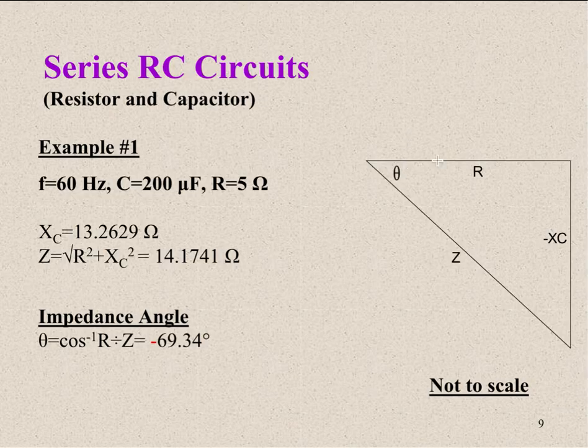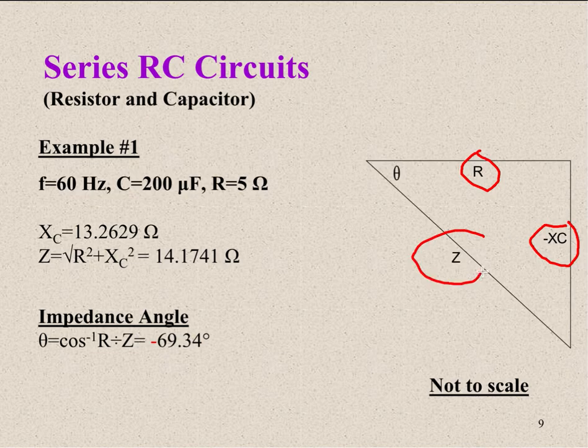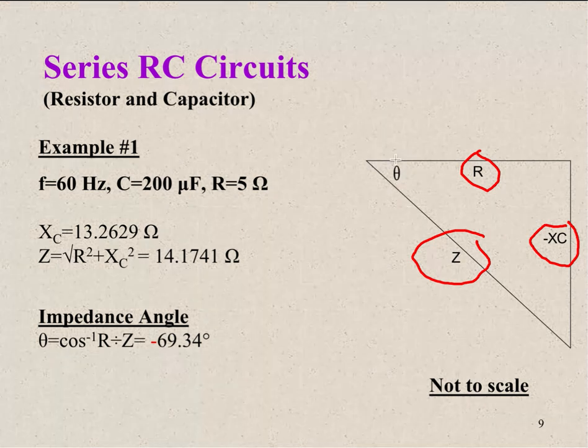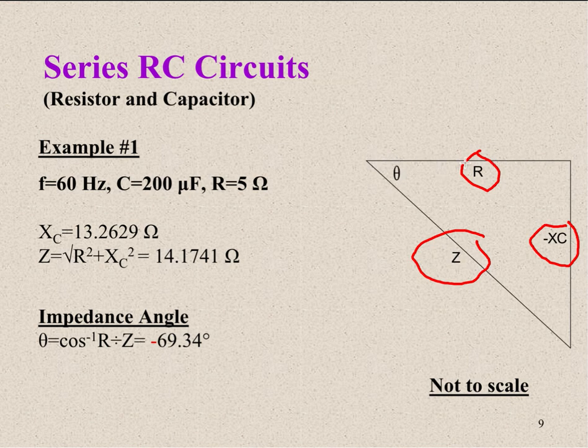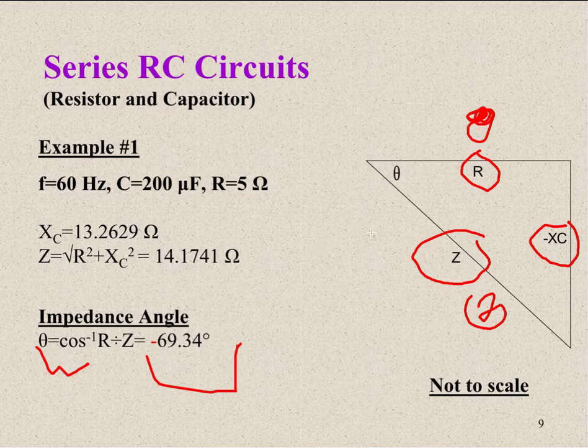So basically this is 5 ohms, this is 13.26, and this is 14.2. So the impedance is a trigonometric relationship between the R and the XC, and if you just use the inverse cosine between the 5 ohms and the impedance, that impedance angle is minus 64.3.